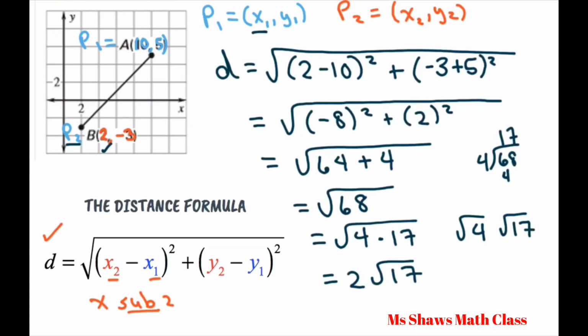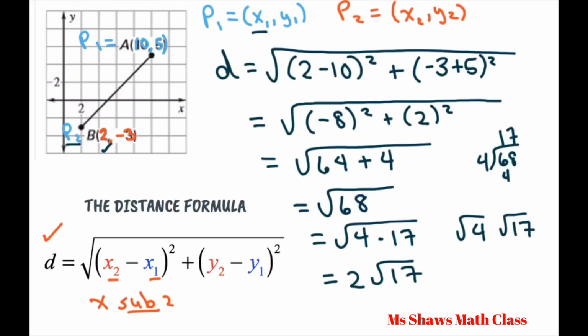First of all, here's the distance formula, and we have index numbers x sub 2, x sub 1. That's called x sub 2, subscript, x sub 1. So I'm going to call A point 1 and B point 2.